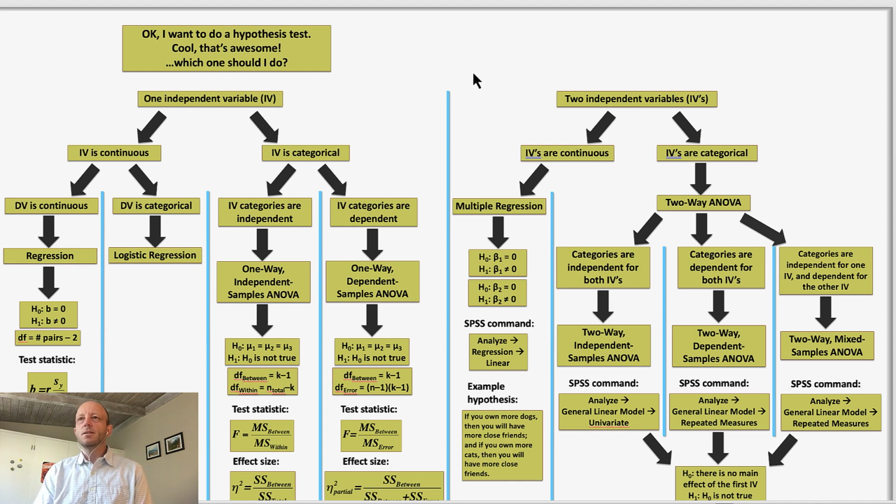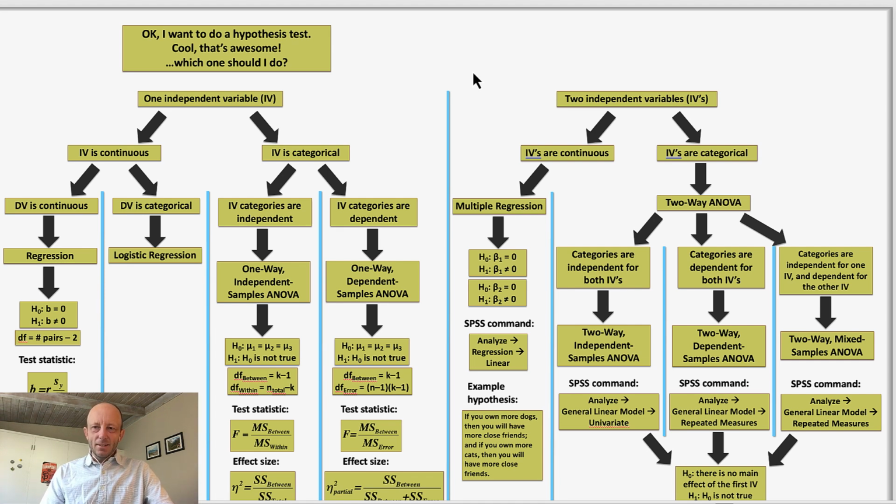Are these IVs specifically? If you're worried about DVs, don't do it in this case. Just worry about IVs. The DV here is having fun. Just leave that as it is. If the IVs are continuous, you go one way. If the IVs are categorical, you go the other. In this case, I said number of hours. If I say number of hours doing statistics and number of ounces of coffee drank, well, not gallons, ounces.